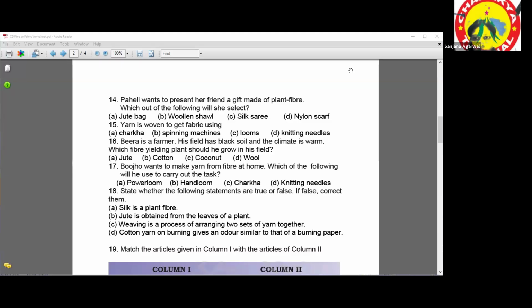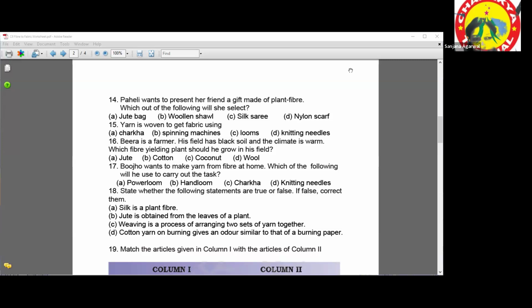Okay, Neha, A, animal fiber; B, stem of plant; C, D is also given. Fine. Good, Neha. Nishika, jute is obtained from stem.